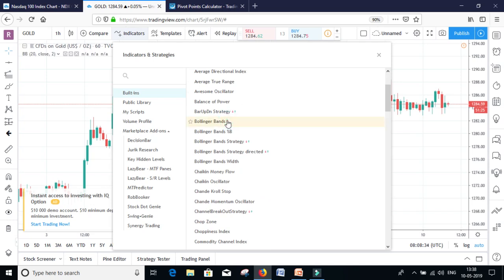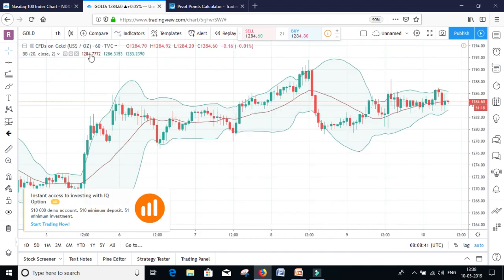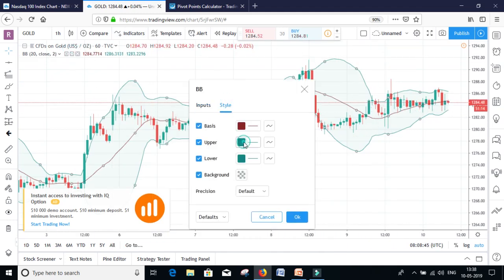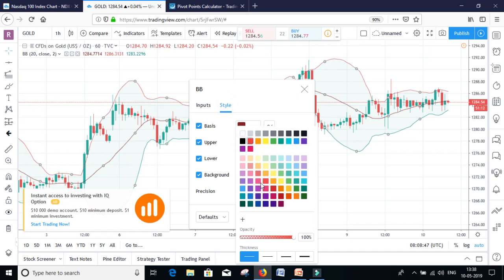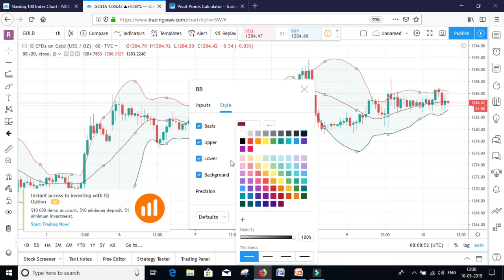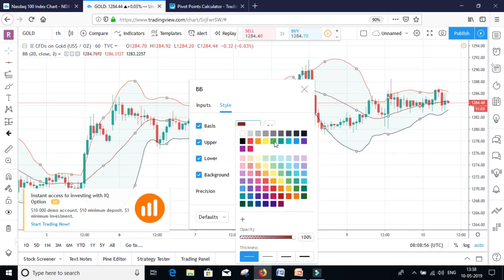Here the Bollinger Band indicator is plotted. As you see, we changed the upper range to red, the lower range to black and the basic range to green, so that we can easily identify the layout.